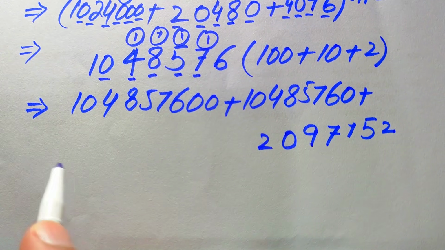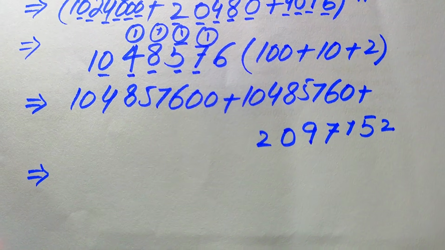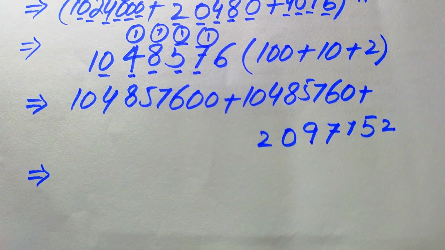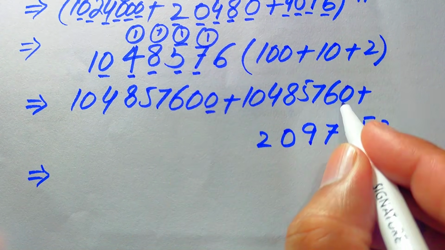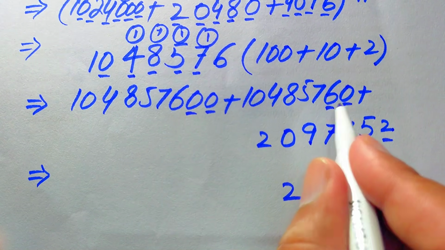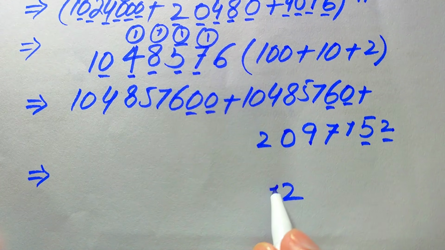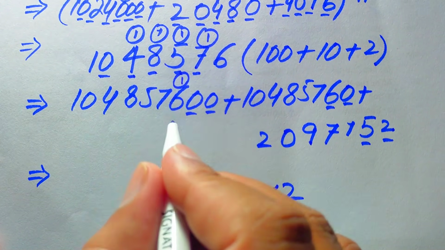So here in the final step, we need to sum up all these values and we get here our final answer. So we have 0 plus 0 plus 2 becomes 2. This 0 plus 6 becomes 6. 6 plus 5 becomes 11. We write 1 and carry 1.